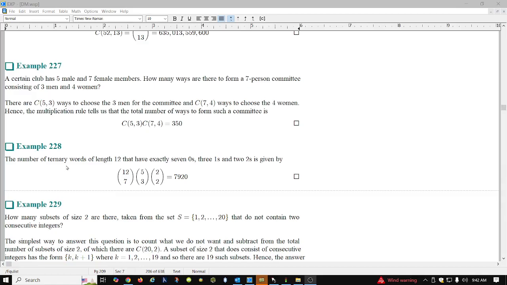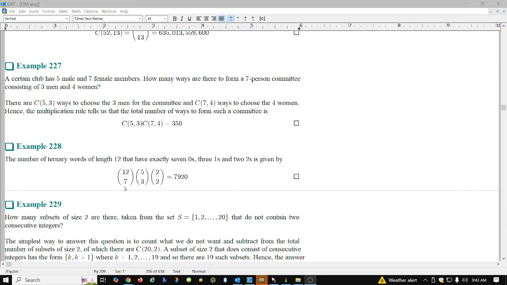The number of ternary words of length 12 that have exactly 7 zeros, 3 ones, 2 twos: 12 choose 7. Once that's done, you've chosen from the 12 positions in the word 7 places, 7 positions in which to put the zeros.